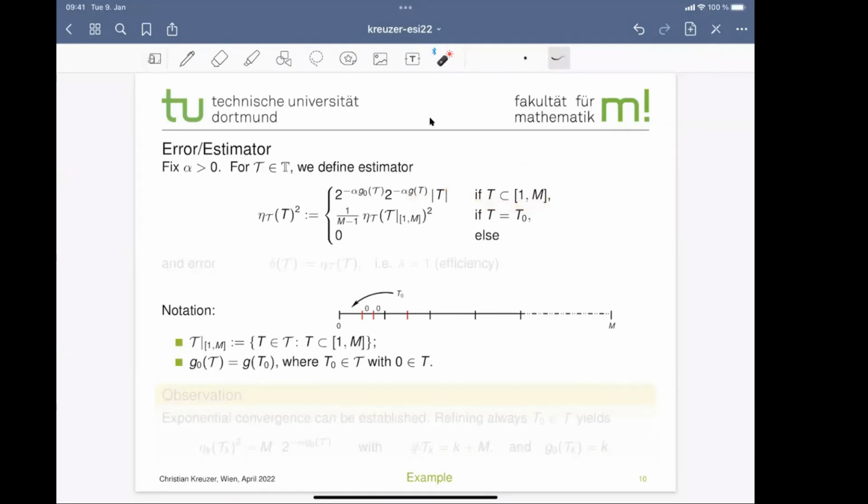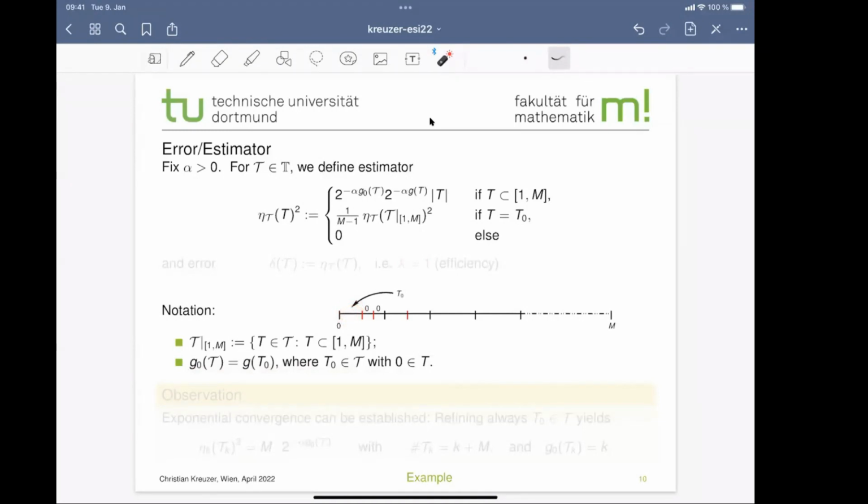Whenever you are in this region. And here is also an exponential decay, but this does not depend on t, but on the triangulation and G0 of the triangulation, which is defined here. This is just the generation of the element containing 0.